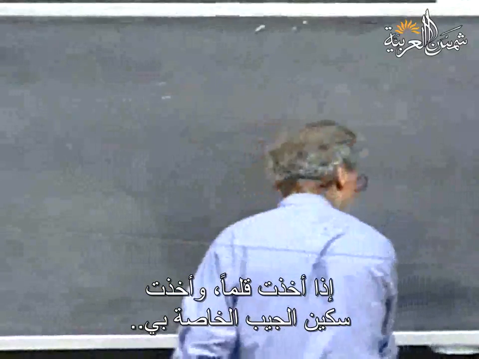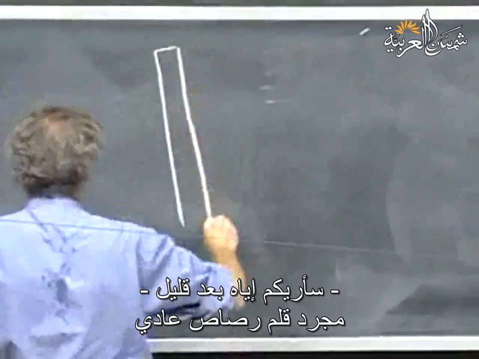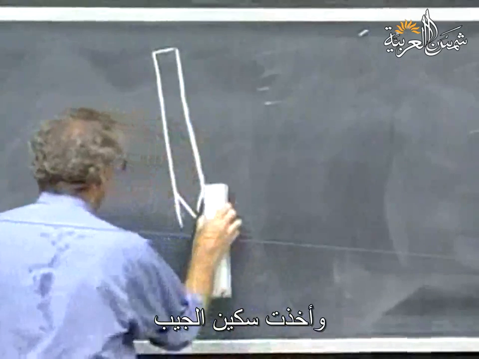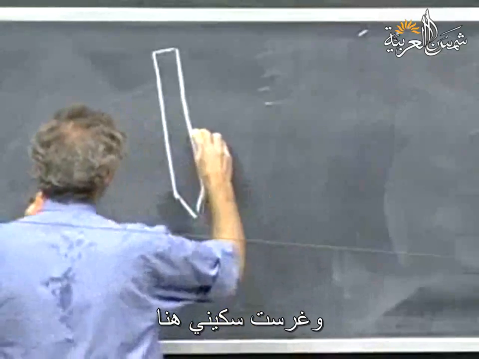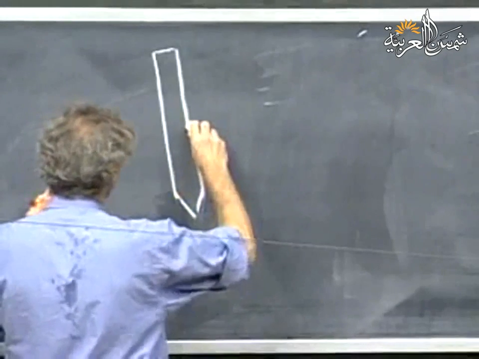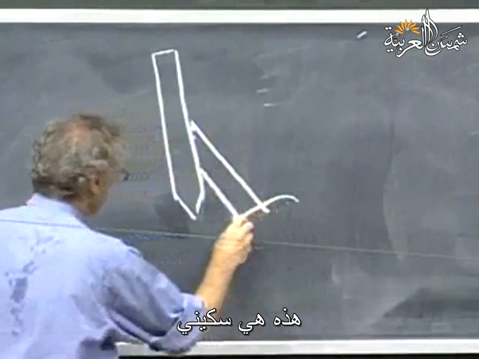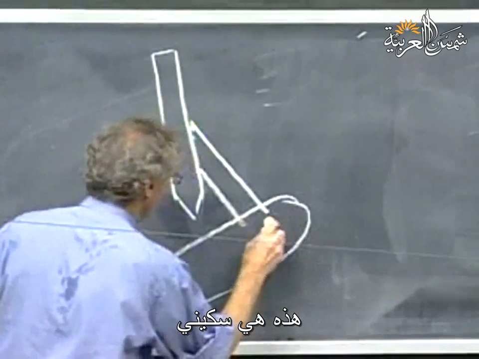If I take a pencil and I take my pocket knife, so here is a pencil. I will show this to you shortly. Just a regular pencil. And I take my pocket knife and I jam my knife in here. So this is the knife. And this is now my pocket knife, like so.